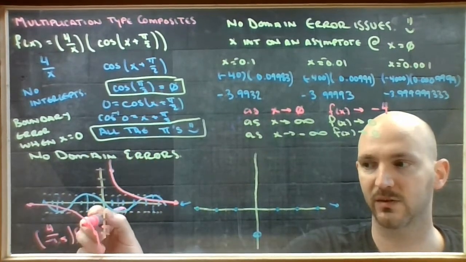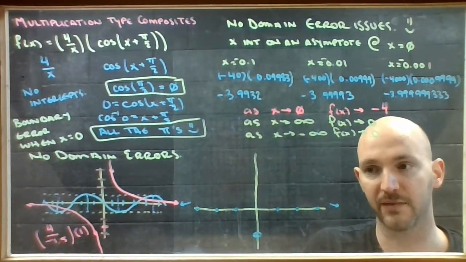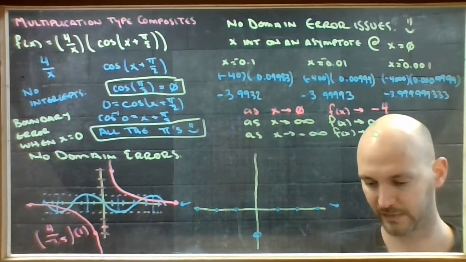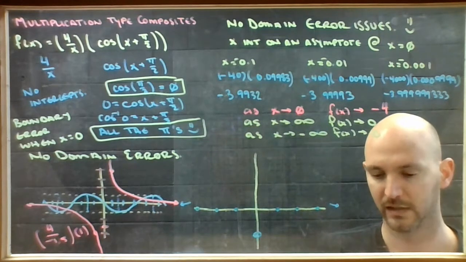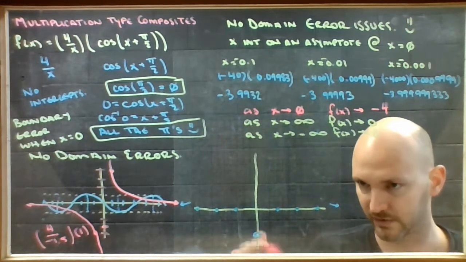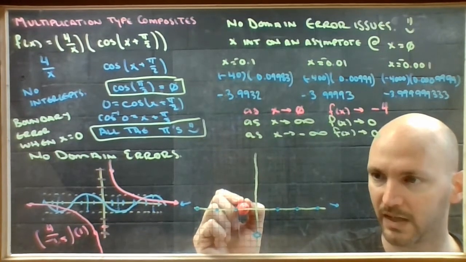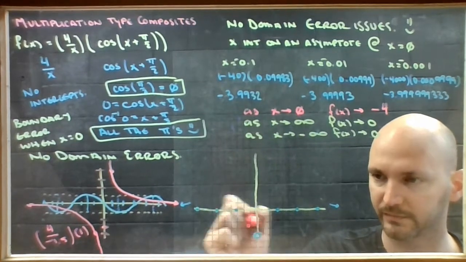Well, that's 1. So whatever 4 divided by negative 1.5 is going to be the height of my function here. So 4 divided by 1.5 gives me negative 2.67. So at pi over 2, which is approximately 1.5, I'm down at 2.7-ish.